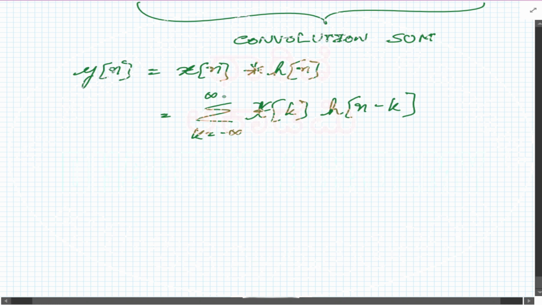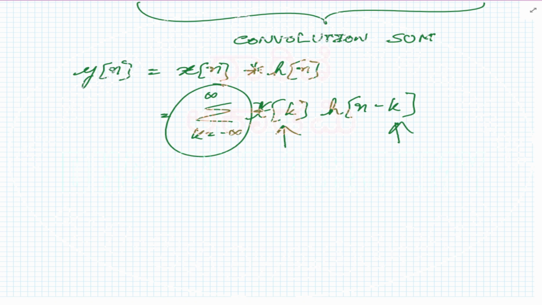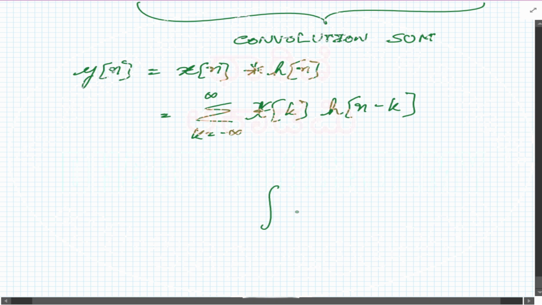Whenever you have a summation over k, the k will vanish after you take the summation. It's something like an integration. If you say integration of x of t dt from a to b, in my answer there is no t, because t will vanish and you substitute a and b. Same thing happens here.